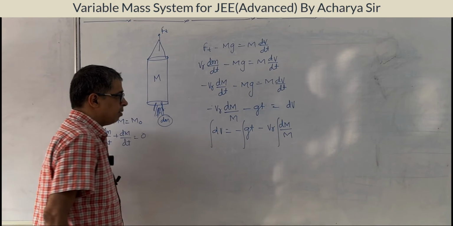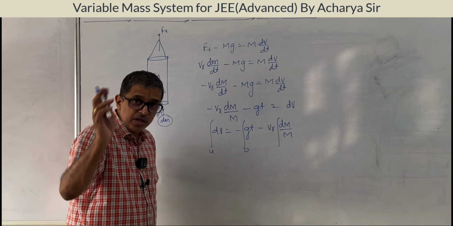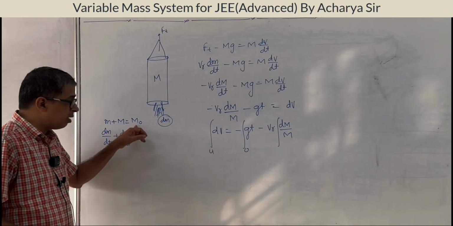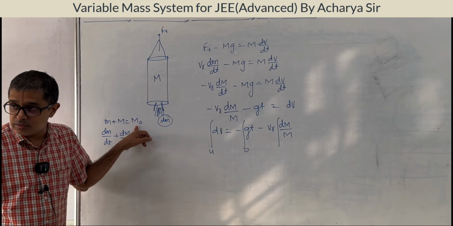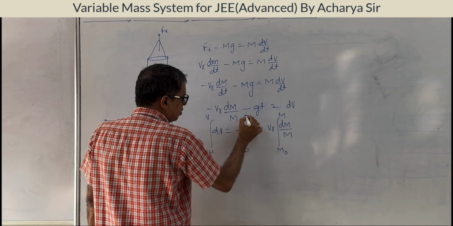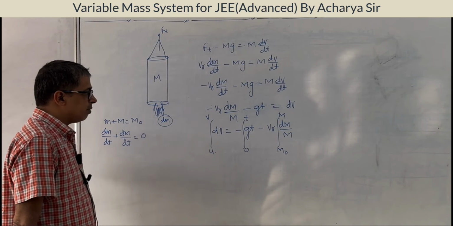At t equal to 0, velocity is not 0. The spacecraft already burnt out some mass of the fuel. Initial mass is m naught. At t equal to 0, velocity is u and mass m naught. This is M at time t.